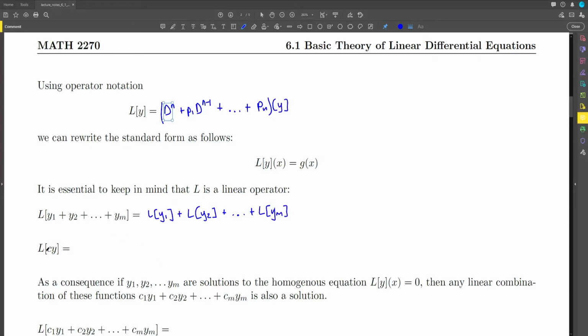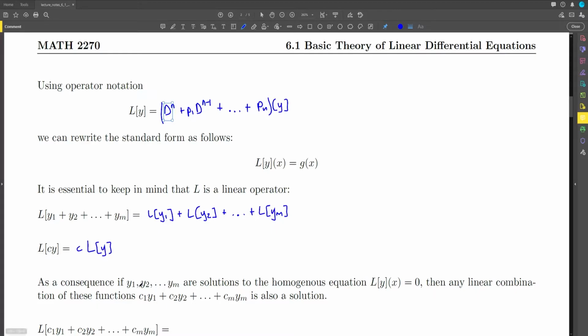Also, if we have a constant multiple times a function, then we can pull that constant multiple outside. So this is c times L acting on y.